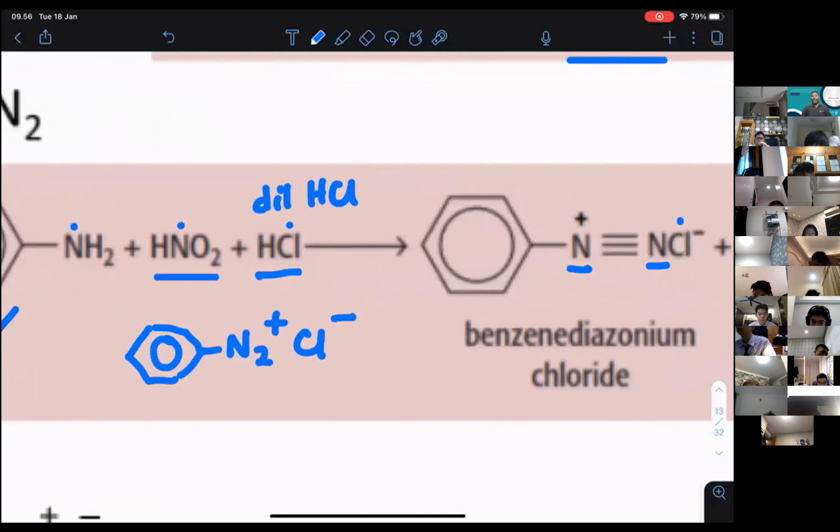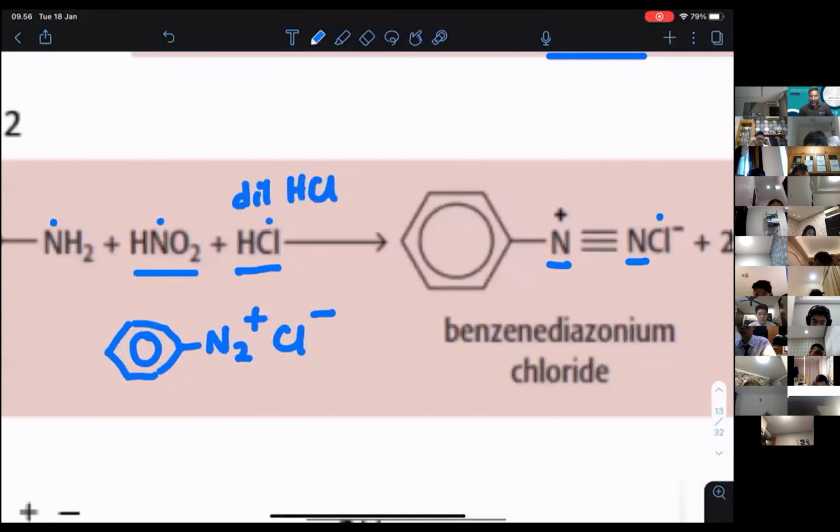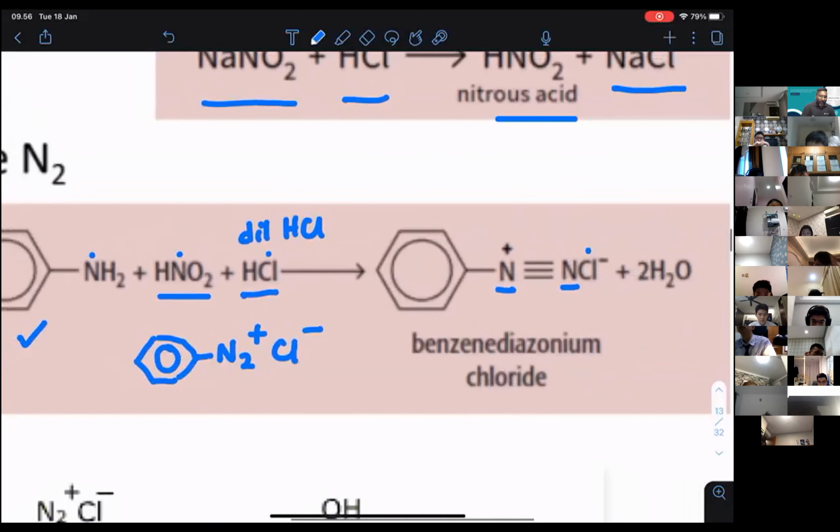What are the other things that are formed? You see there are two hydrogens, another hydrogen over here, two oxygens, and then another H over there.